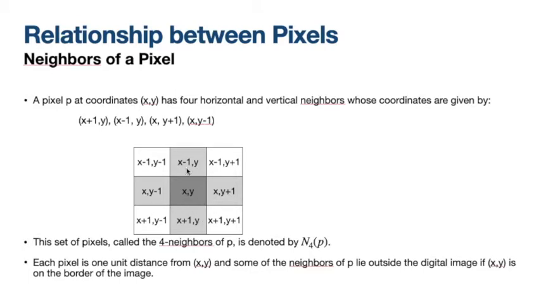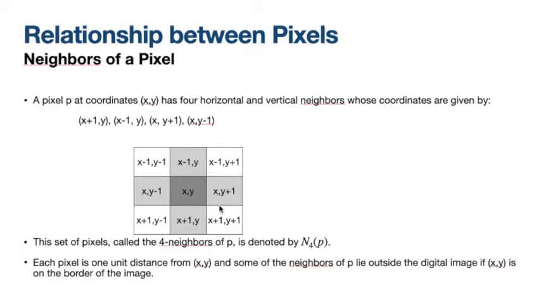That is, if you see this image, you can understand. If this x y is the pixel P, then this P has 4 neighbors in the horizontal and vertical direction. So these gray colored pixels are the 4 neighbors of P, and these are denoted by N4 of P. Each pixel is 1 unit distance from x y, and some of the neighbors of P lie outside the digital image if x y is on the border of the image.